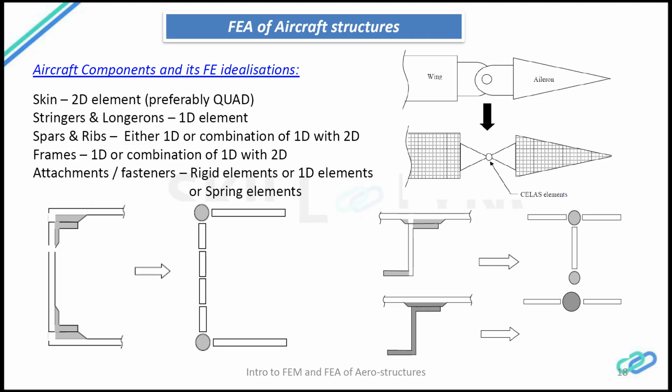And then the second one is the idealization of the structure. When a real structure is idealized into the mathematical model, we should have backup calculations for the geometric parameters in order to accurately represent the stiffness of the real structure in the mathematical world.